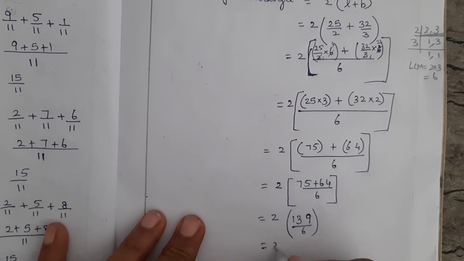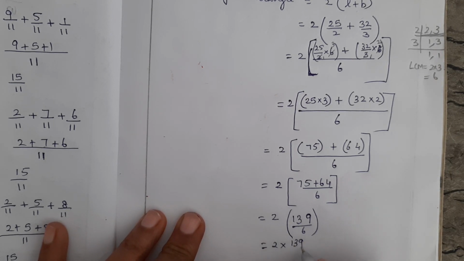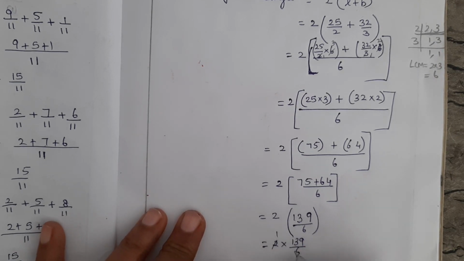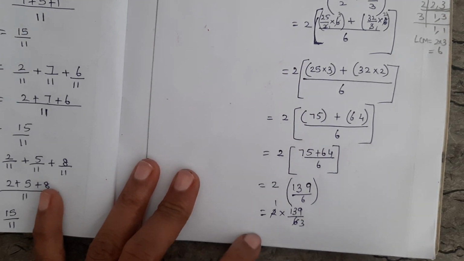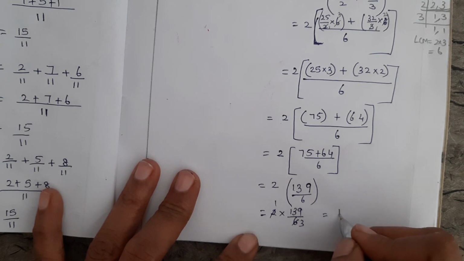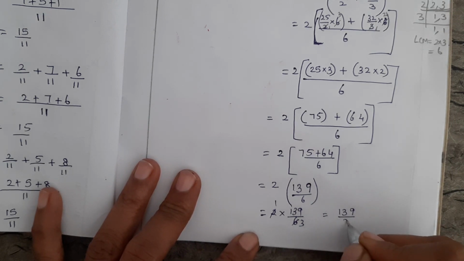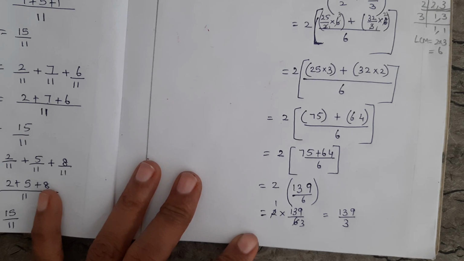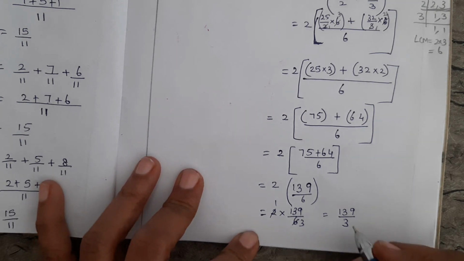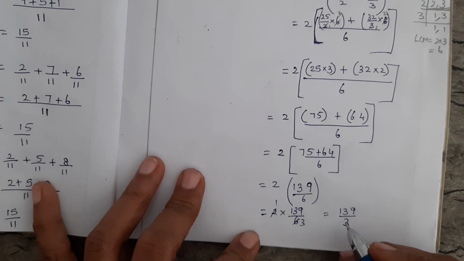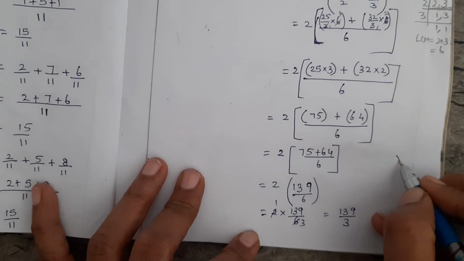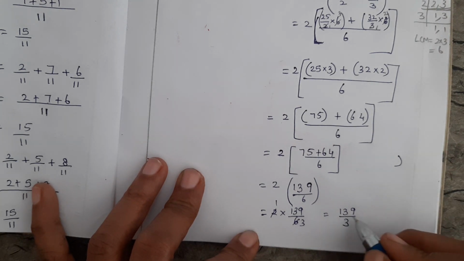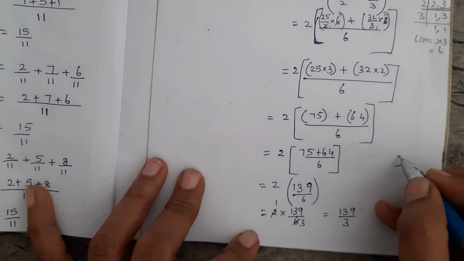So this can be written as 2 into 139 divided by 6. 2 ones are 2, 2 threes are 6, which is equal to 139 by 3. We can't divide because 139 doesn't go in the 3 table, so we'll directly divide and make it into a mixed fraction, because this is an improper fraction since the numerator is more than the denominator.